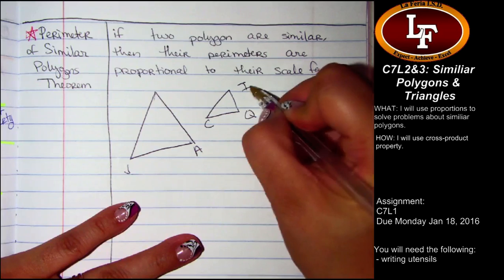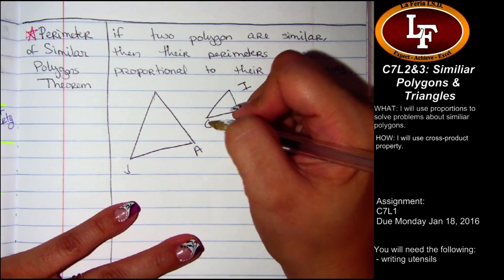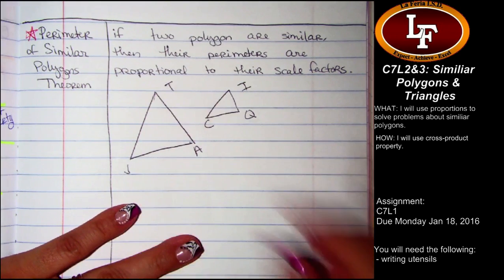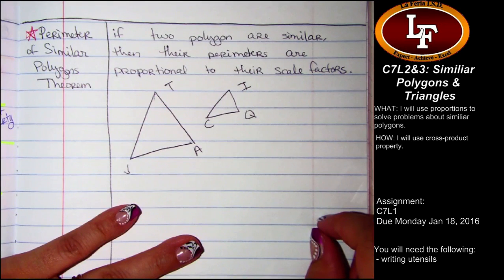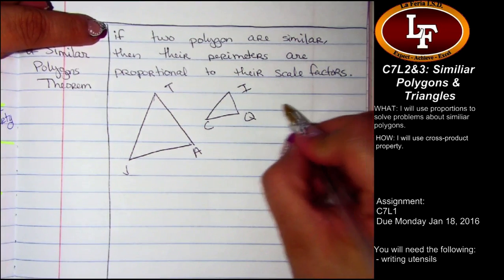I. Let's go. U. You already gave me a letter. T. Jackie T. Jackie and then T. All right. The first thing we need to know is that these polygons are similar.